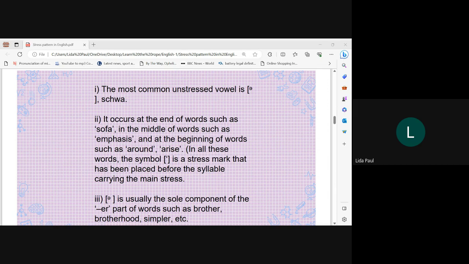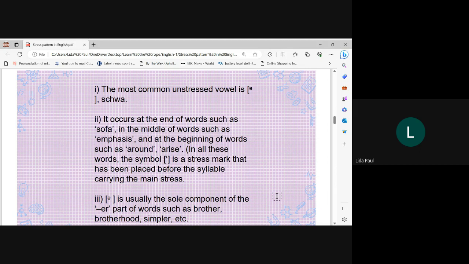So a few examples: the words brother, brotherhood, simpler. All of these carry the ER part, which in most of the words is basically the schwa. The actual vowel sound that represents the ER suffix and ER combination in the word is basically the schwa sound. Just for your information, so that it becomes easy for you.